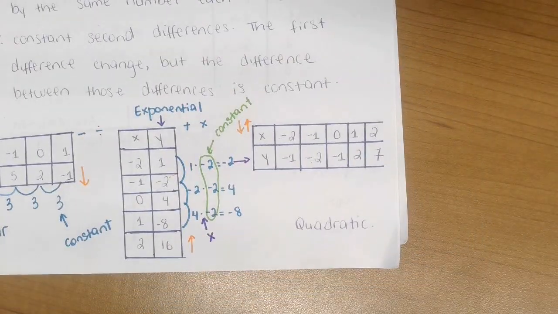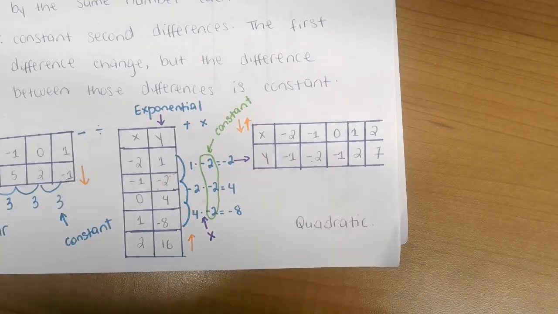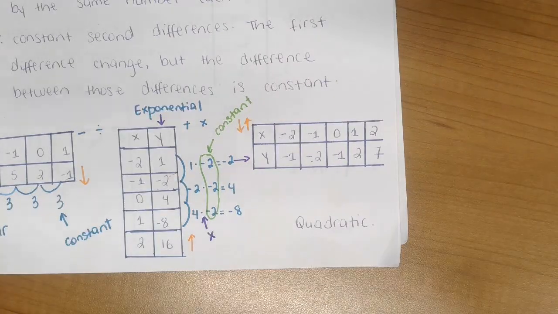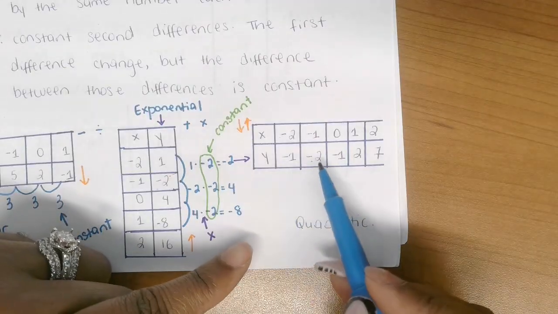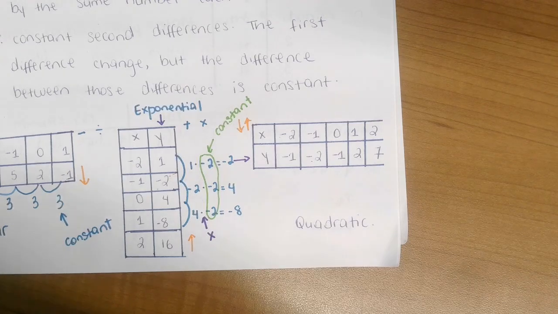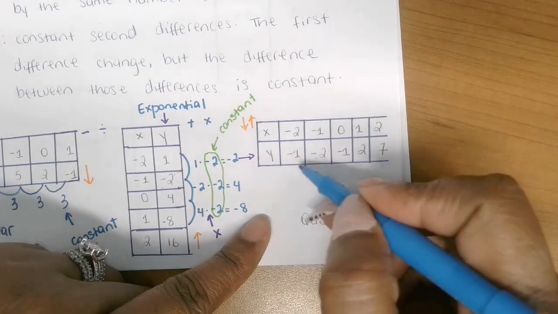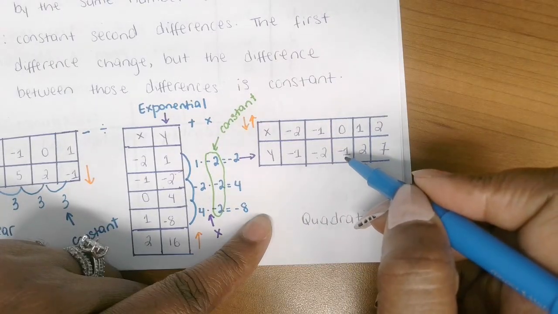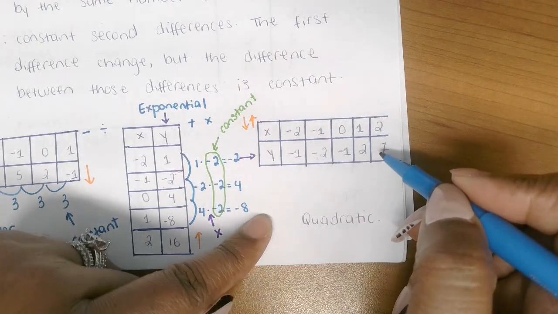I would suggest for the next table, for the quadratic, it's a little bit more confusing to figure out. So I would suggest, if you realize there is no real definite pattern, the numbers fluctuate, then you know that it's a quadratic function. So we started with -1, we moved to -2, then we were back to -1, then +2, then +7.